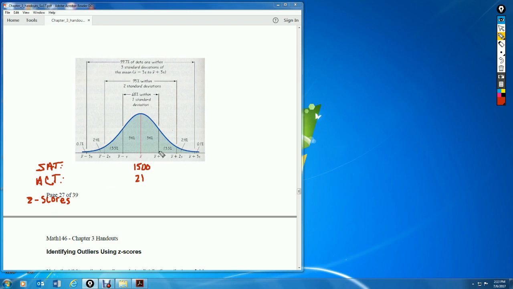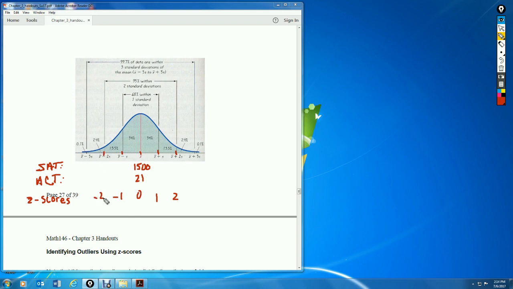And if you are exactly 1 standard deviation above the mean, your z-score is 1. If you're exactly 2 standard deviations above the mean, your z-score is 2. If you're right in the middle on the mean, your z-score is 0, and so on. -1 and -2.